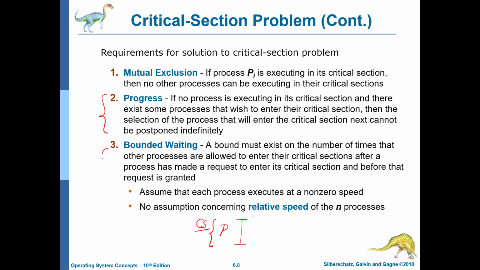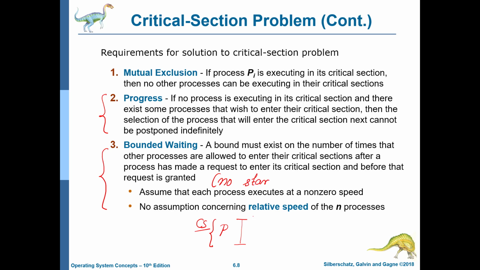Furthermore, there is something called bounded waiting. What bounded waiting says is that a bound must exist on the number of times that other processes are allowed to enter the critical section after a process has made a request. So this essentially means that if a process has made a request, there is no starvation.